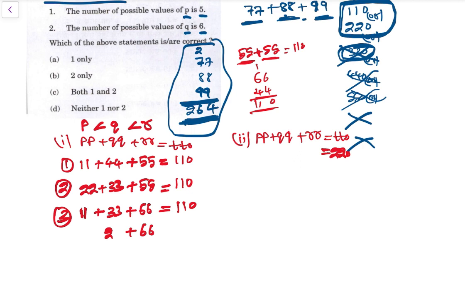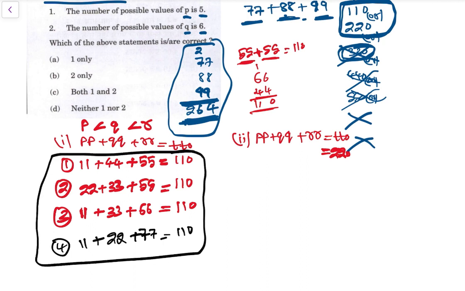Then with 77, 22 plus 11 is 33, 77 plus 33 is 110, so that is a possibility. And 88 plus 22 is 110, but that's not possible. So the possible values for 110 are 4 values, okay.